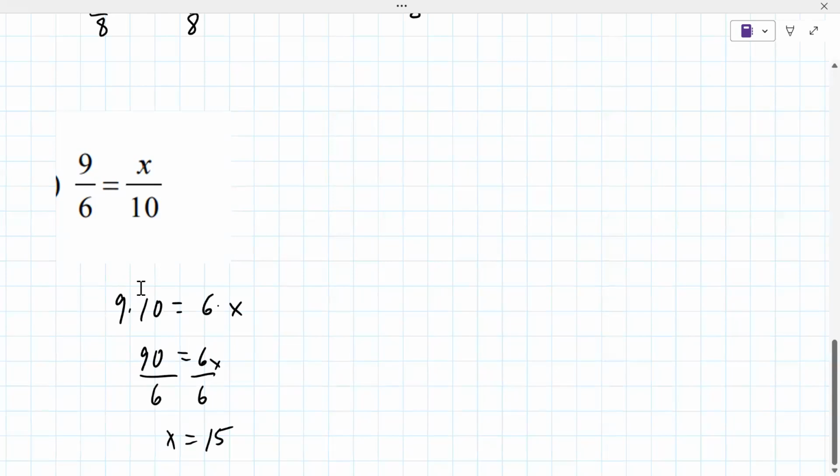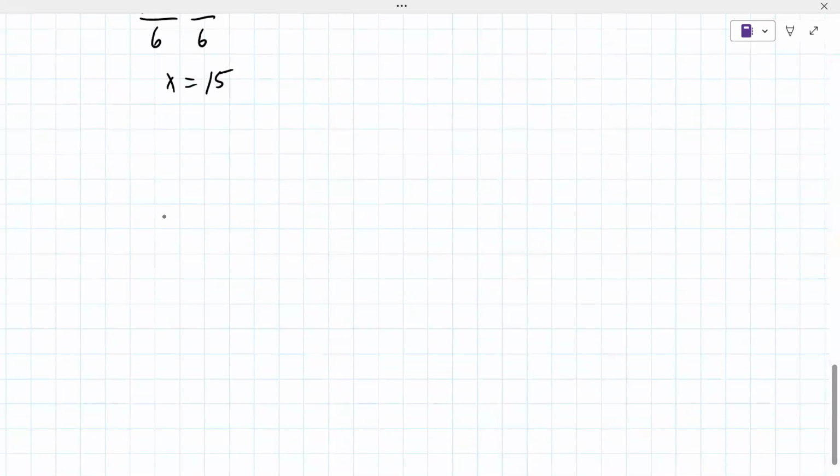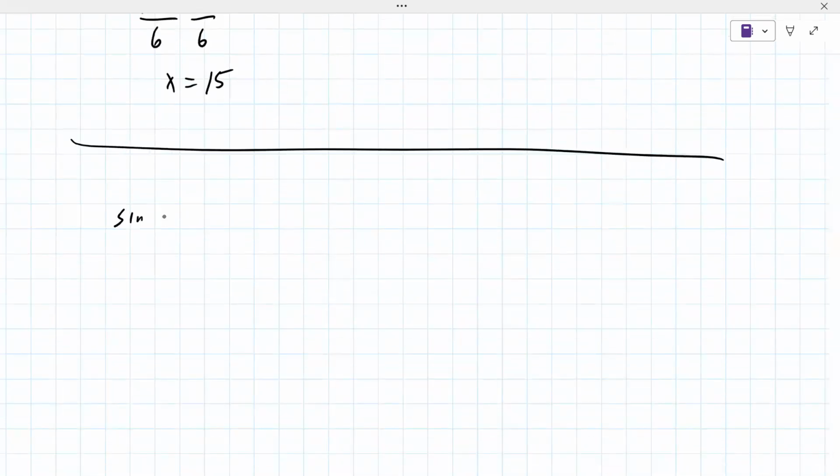Okay, now a little more of an algebra review here. How would you simplify something like 4 times (x plus 1)? We would carry the 4 into the equation and do 4 times x.